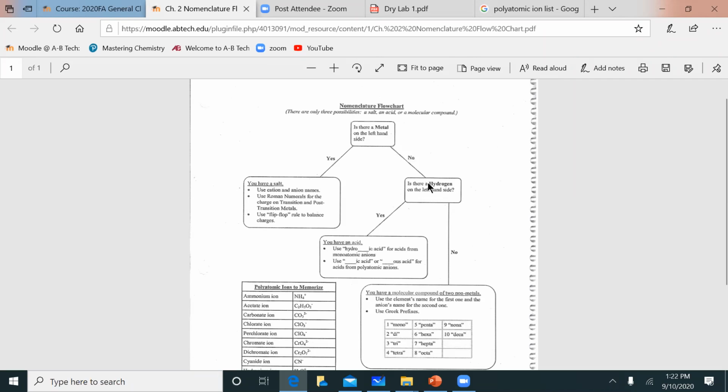If the answer is yes, we are going to define this as an acid, and we need to name it accordingly. These skills we don't use over here. If it doesn't have hydrogen in it, this is a molecular compound, and we'll get into that in just a second.